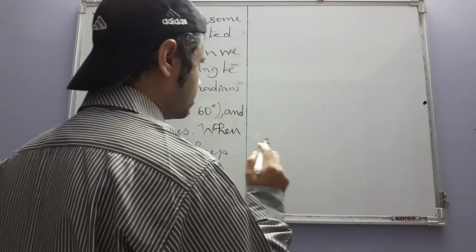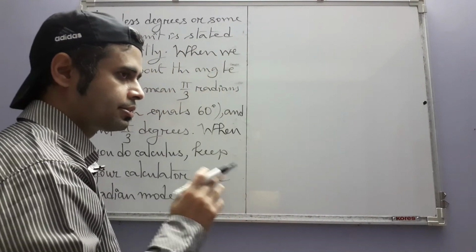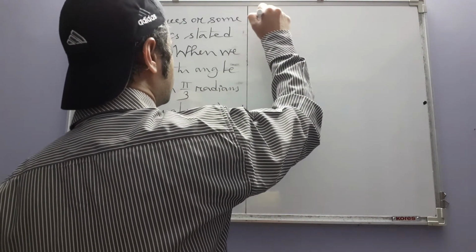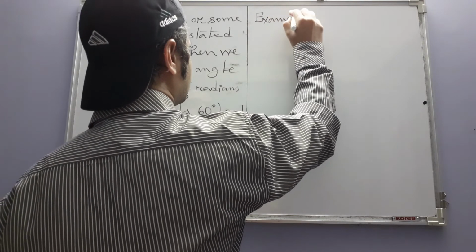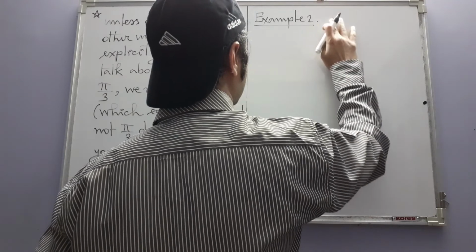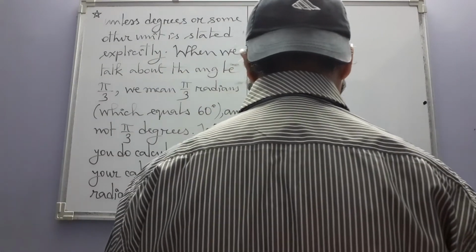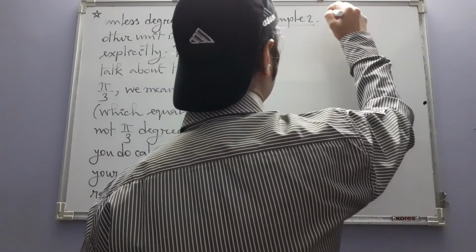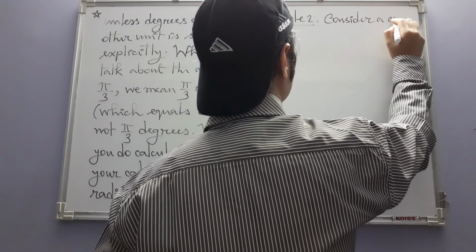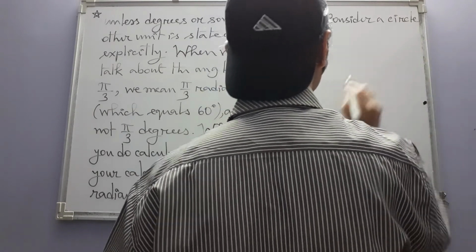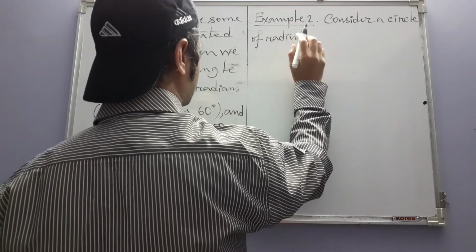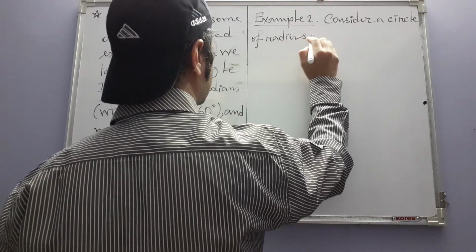And based on that relation s equal to r theta, we have this example 2. It also comes in the form of a question. Consider a circle of radius 8.